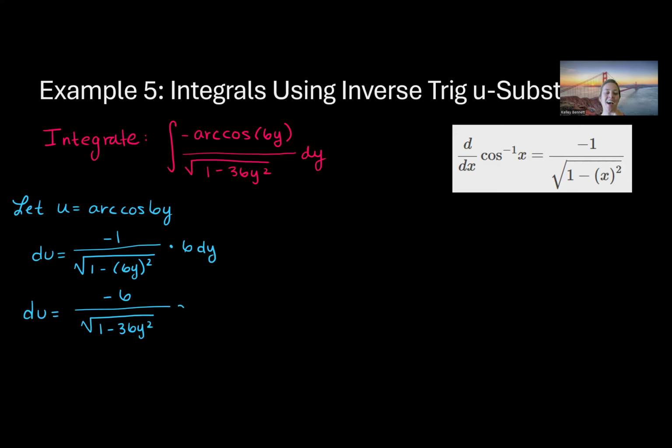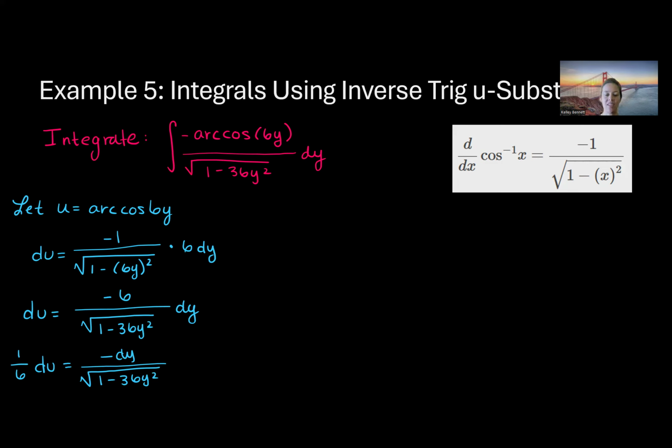I like to sort out my du very well before I go back. So I'm going to write 1/6 du equals negative dy over the square root of 1 minus 36y squared. Now I've got the signs in the right place, and my 6 is tucked out of the way, kept with the du.